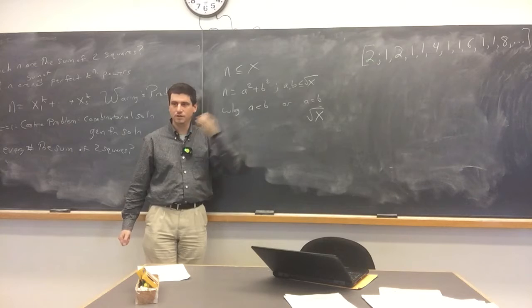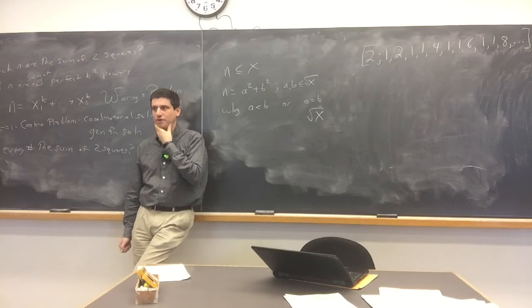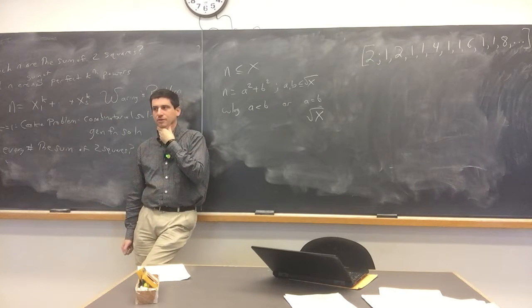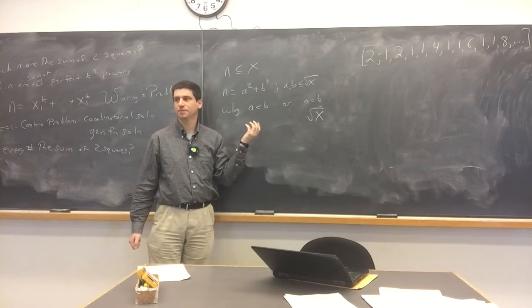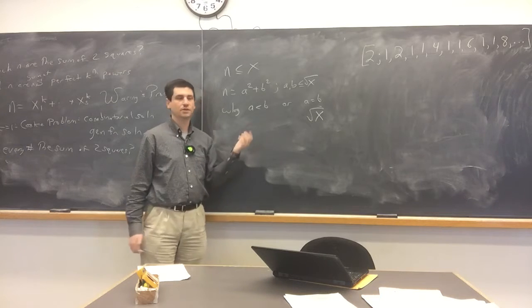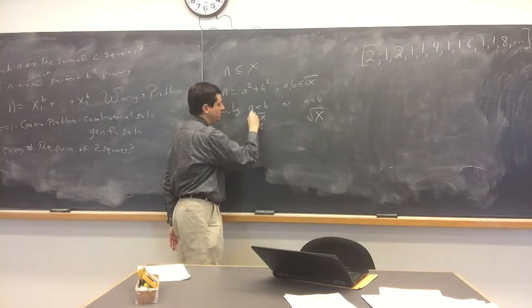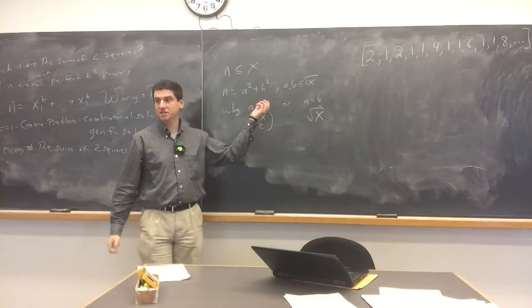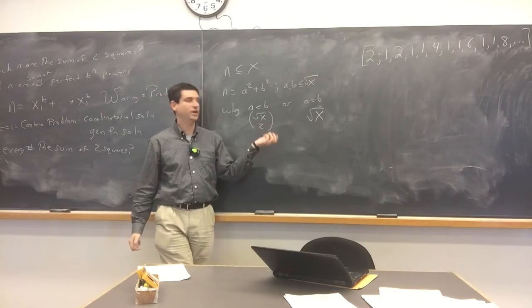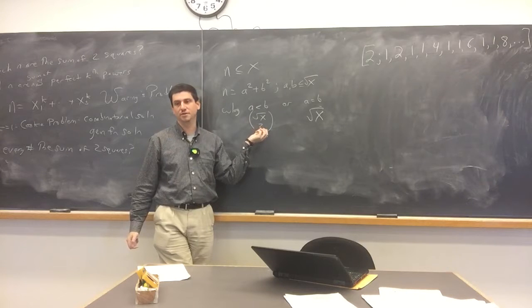Roughly x. Why roughly x? Not quite. Wait, x over 2. It's basically root x choose 2. Maybe I have to be a little careful because I have 0, but I want to choose 2 distinct numbers that are at most root x. So I have root x choose 2 ways of doing that.